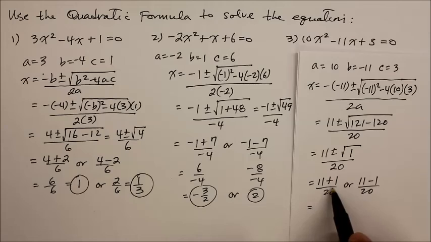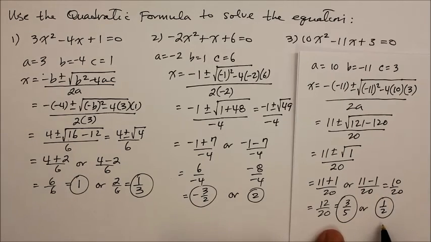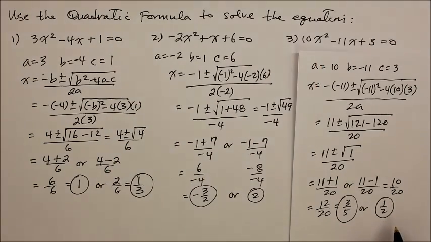Of course, 11 plus 1 is 12 over 20, which reduces by the common factor of 4. 4 times 3 is 12, and 4 times 5 is 20, so that's one of the solutions, 3 over 5. And 11 minus 1 is 10 over 20, which is simply 1 over 2. So those are your two roots, two x-intercepts, two solutions for that equation. Okay. Good luck.